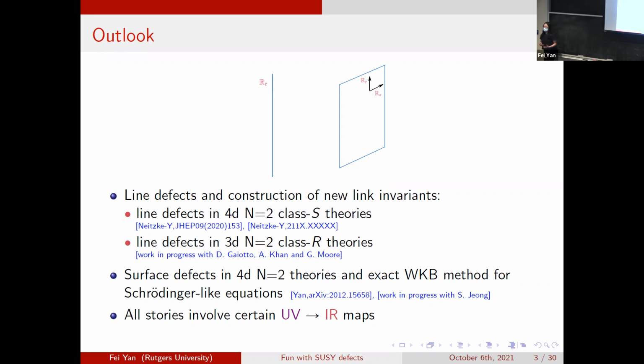You could view this as a little trick to get exact solutions for Schrödinger-like ODEs and to study various quantization conditions for different spectral problems. That doesn't have to have anything to do with SUSY or defects, and could potentially have broader application. In particular, I won't have time to talk about this in my talk.